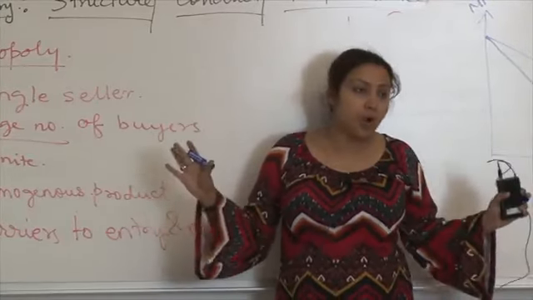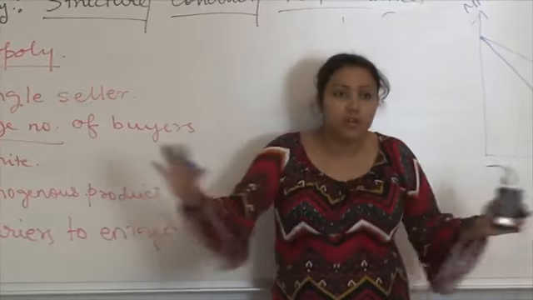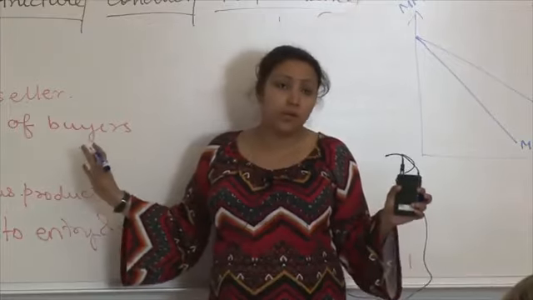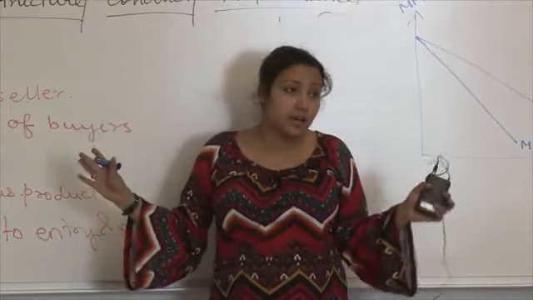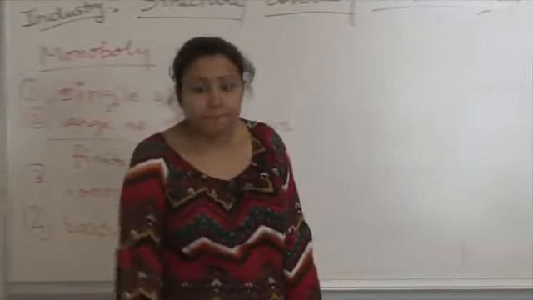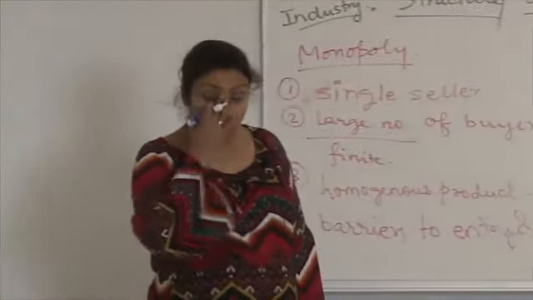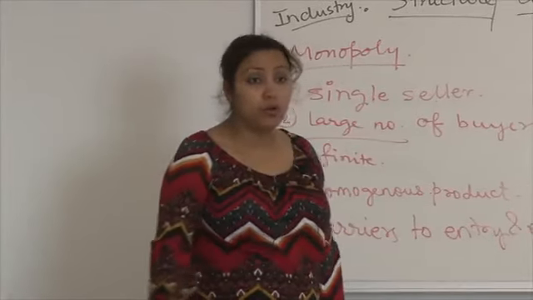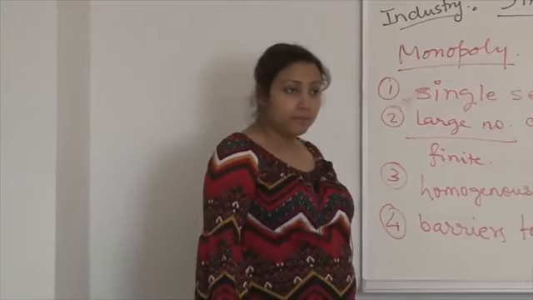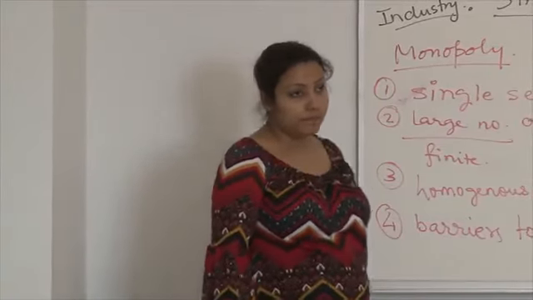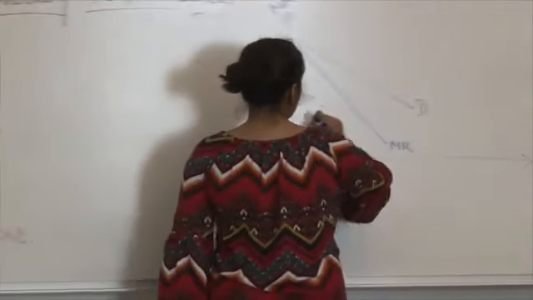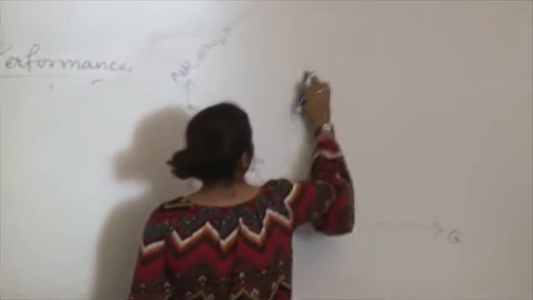He can decide at what price he will sell and the buyers have no other option but to buy from him. So, please write down, the monopolist is not a price taker, rather he is a price maker. He has complete control on whatever price he wants to sell that good for. So, let us say this is the MC curve for the monopolist.